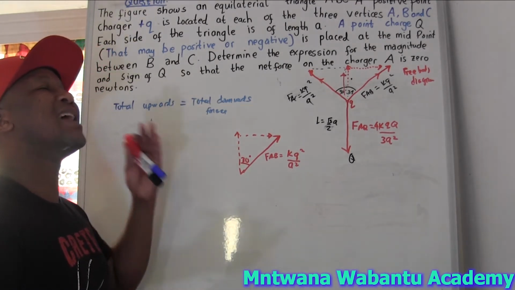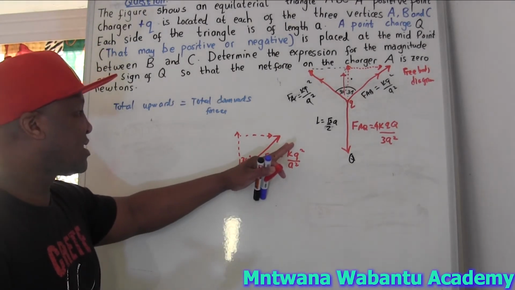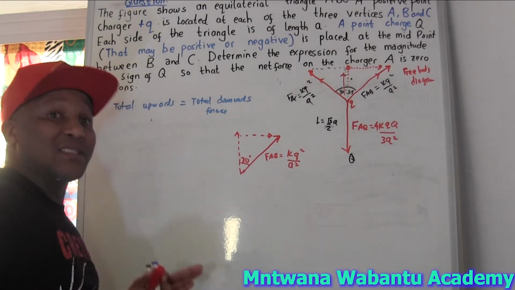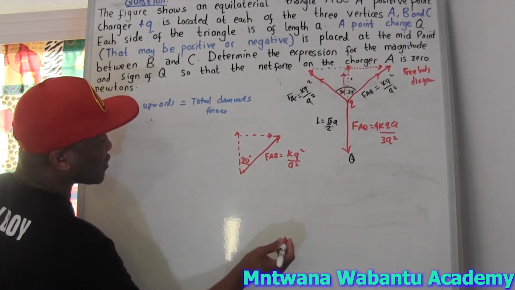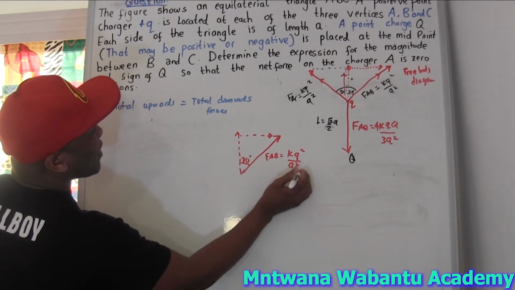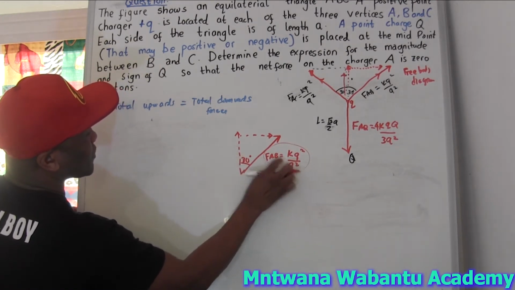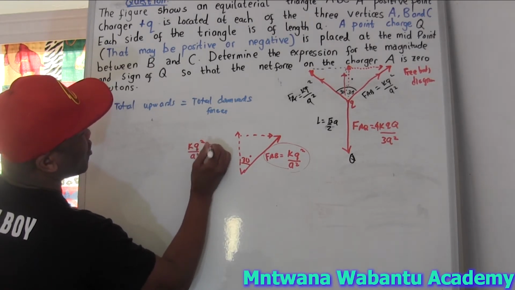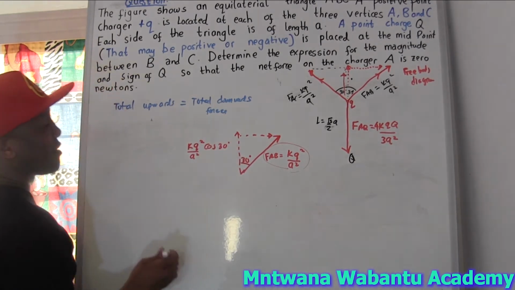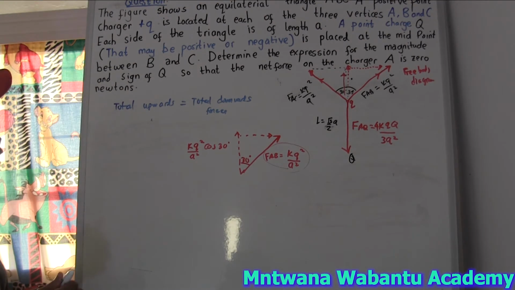This is my hypotenuse. What adjacent? Adjacent means cos. So take whatever hypotenuse you have times cos of 30. You know what I'm saying?